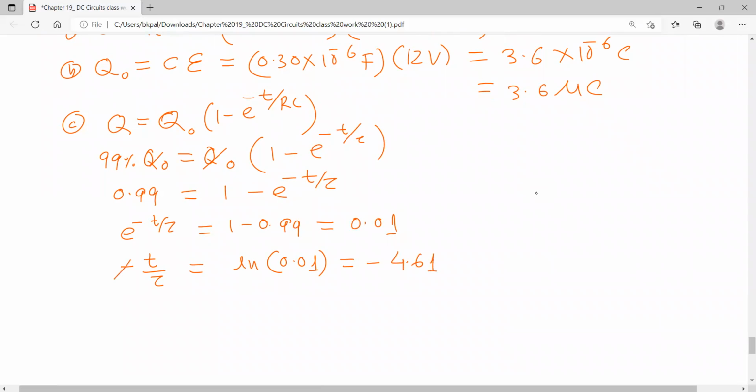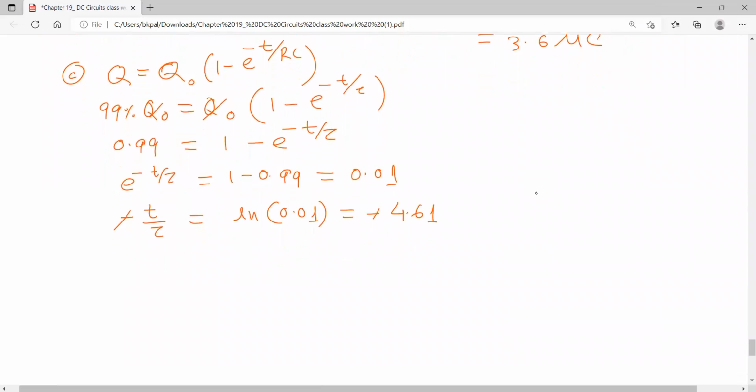So the negative cancels out. So t, the time, is equal to 4.61 times tau, and tau is 0.006 second, which means 0.028 second. So the time it requires is 0.028 second.